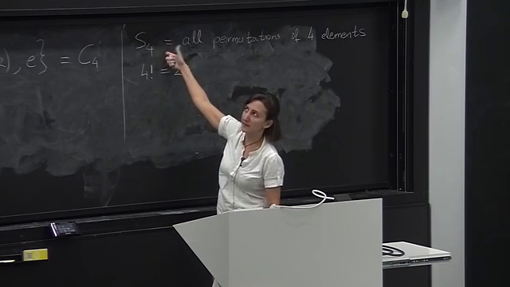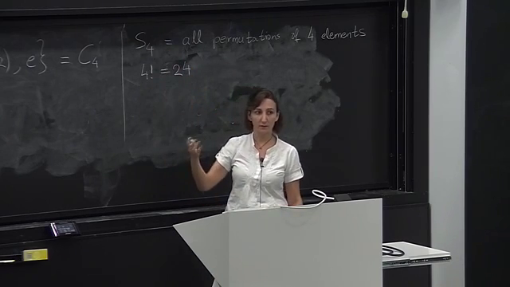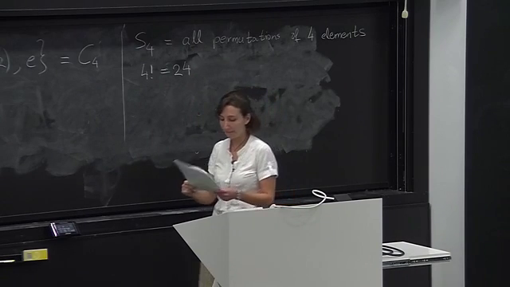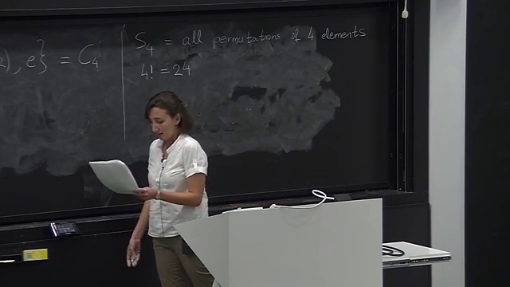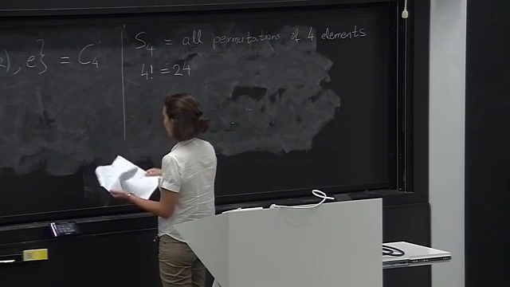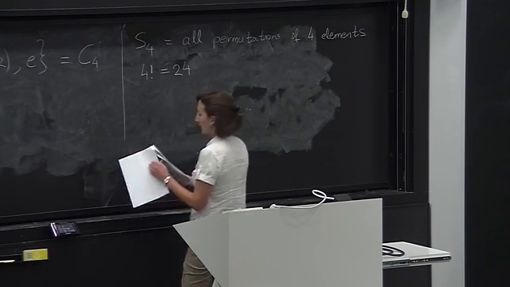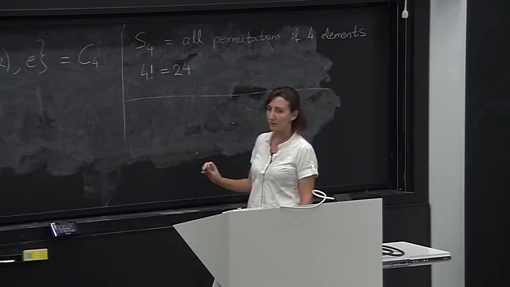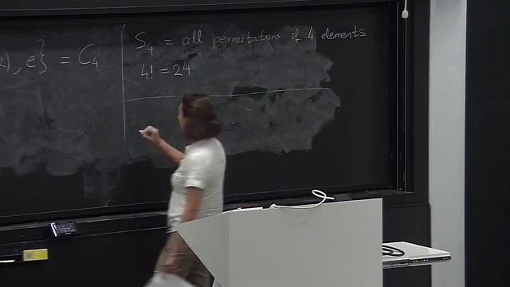A subgroup, by definition, is just a subset of a group that is a group itself. Right? So the general group of permutations of n elements.